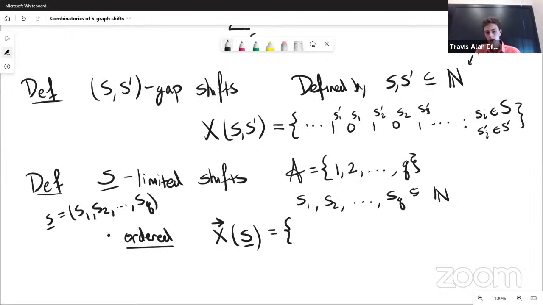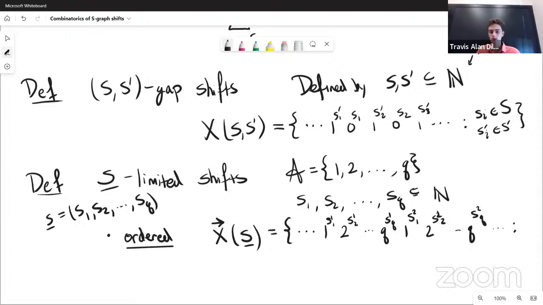Okay, so it's the set of sequences that you can form by taking a block of allowable ones and then a block of allowable twos. Although you keep going until you get to a block of allowable q's. And then you start over at one again. You take a block of allowable ones, maybe of a different length, an allowable block of twos of a certain length, all the way up to q, and so on, right?